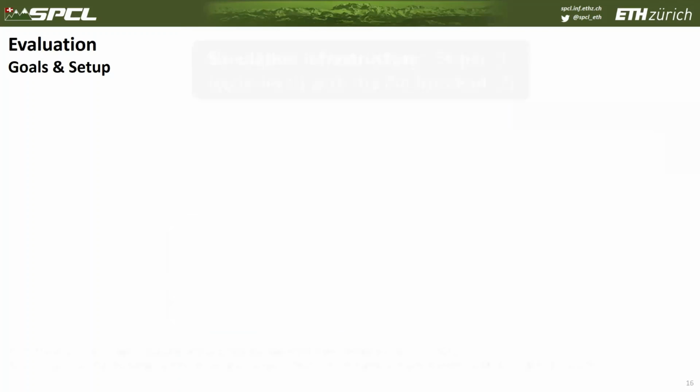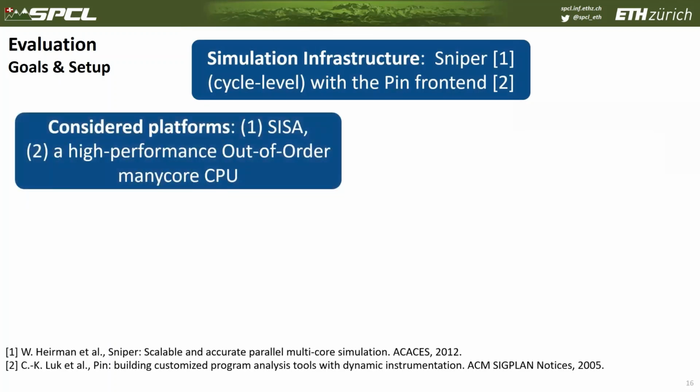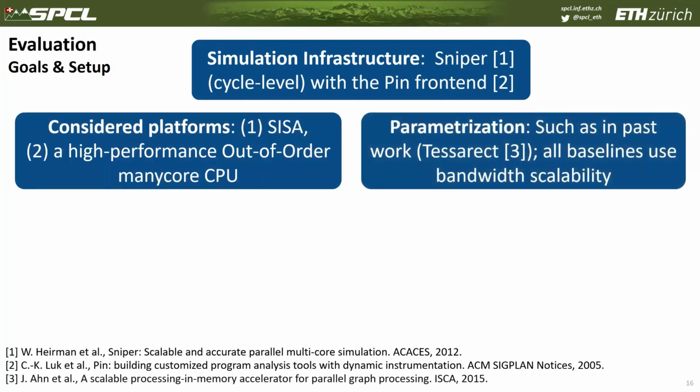We use the established infrastructure for the simulations, and the considered platforms are our proposed hardware extensions for SISA, and for anything else, we use high-performance out-of-order many-core CPUs. We use the same parameterization as in the past, and for fairness, all the baselines use bandwidth scalability.